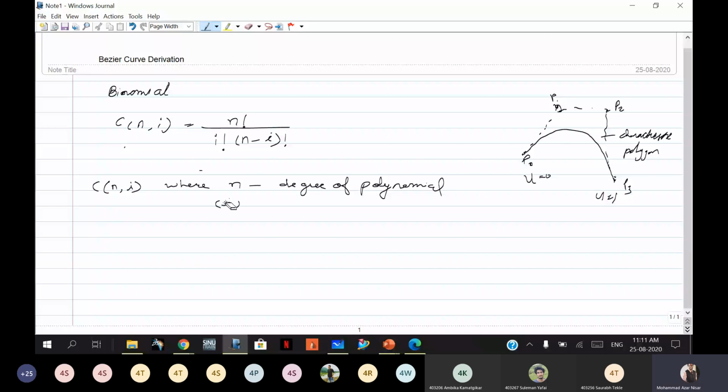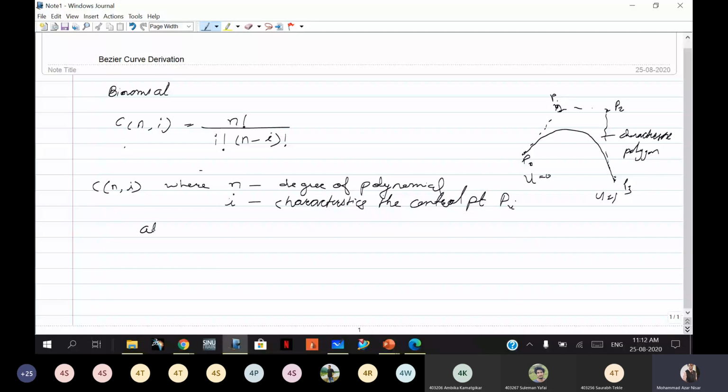i is the characteristic control point, suppose Pi. Then you have to vary it from 0 to n.